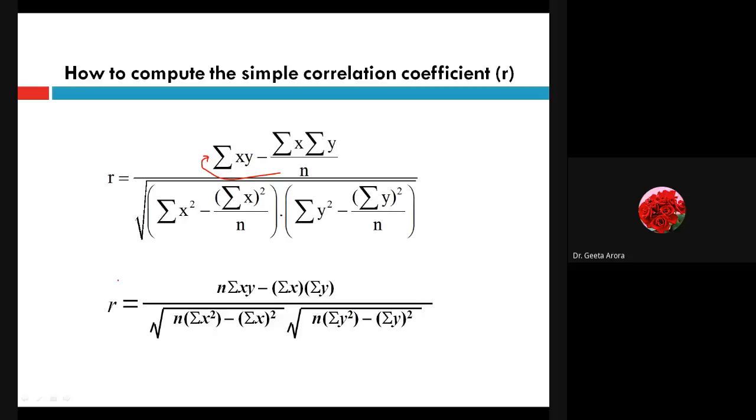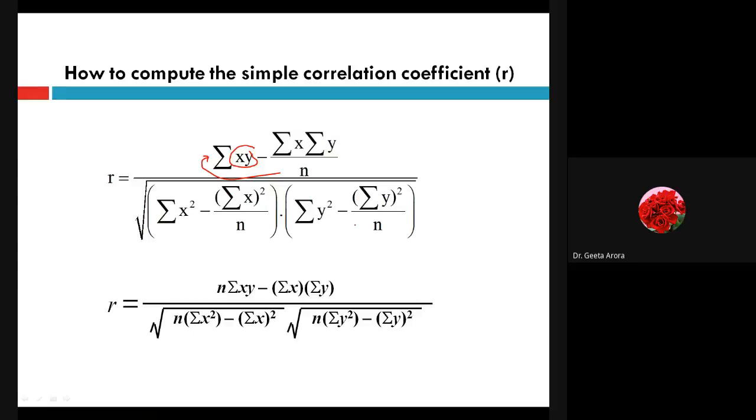According to me, I used to use the first formula, because it's easy to say summation xy together, and then summation x into summation y divided by n. In the denominator, how do we learn it? If I replace y by x, what will this term become? Summation x square, correct? And if I replace y by x here, it becomes summation x into summation x, which is summation x whole square.